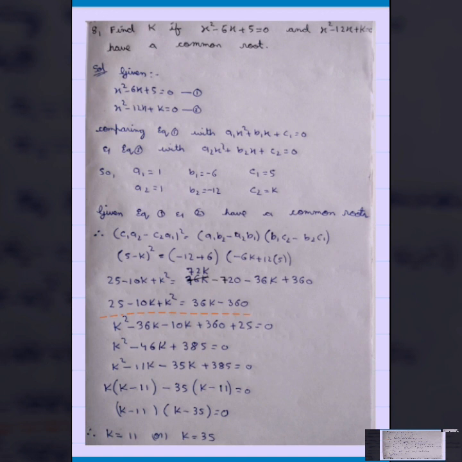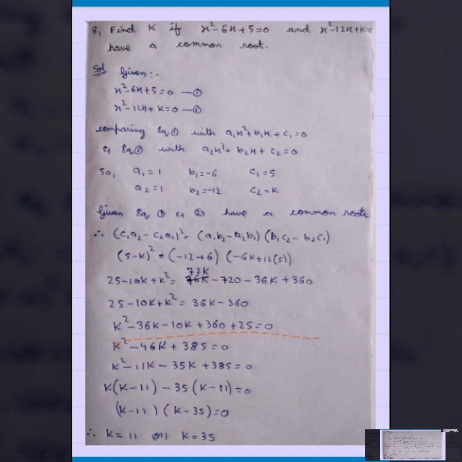If we solve this, we get 25 minus 10k plus k square is equal to 36k minus 360.